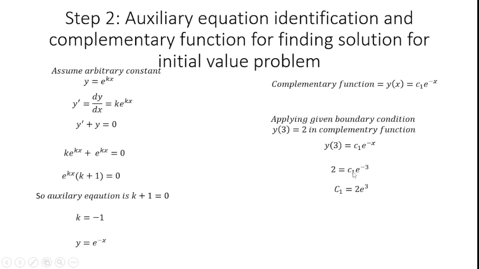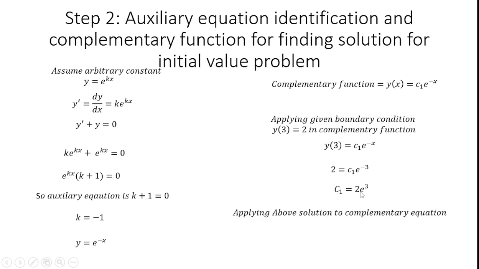After that, I can find the c1 value from the available equation. So I interchange c1 and 2 with each other. As per the mathematical rule, I can get c1 is equal to 2 into e power 3. Interchanging the other side, the negative exponent is converted into positive, so that c1 is equal to 2 into e power 3.